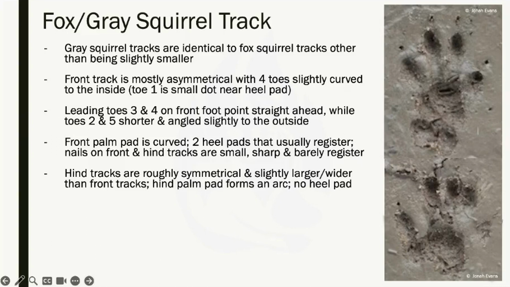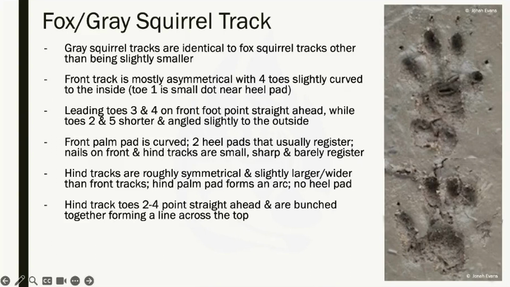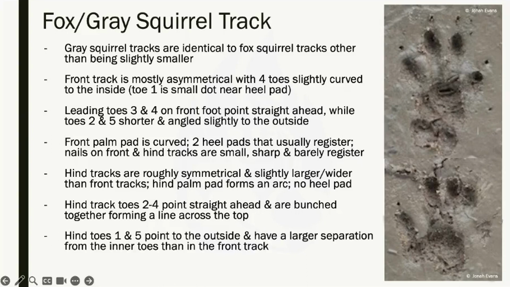As you can see here in the front track, you can often have these two heel pads show up, not always, but sometimes. You're not going to see that really in the hind track. The three toes in the middle in the hind track, 2 through 4, point almost straight ahead to the vertical, and they're also much closer together than in the front track. So that's how you can differentiate between them.